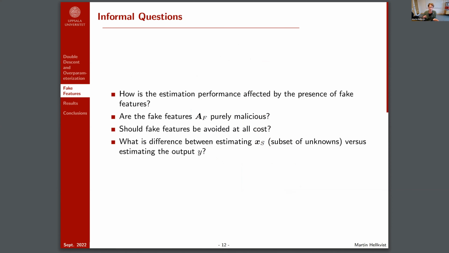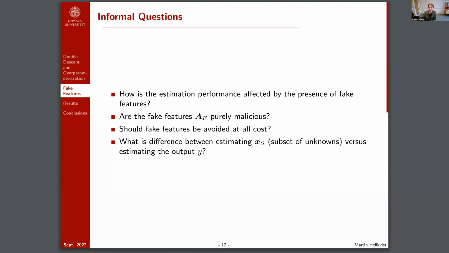So at this point, I want to pause a little bit and ask some interesting first order questions here to set the scene a bit more. The main question that we ask going into this problem is, how is the estimation performance affected by the presence of fake features? Are the fake features in AF purely malicious? Should we avoid them at all costs? Or is there some more nuance to it?